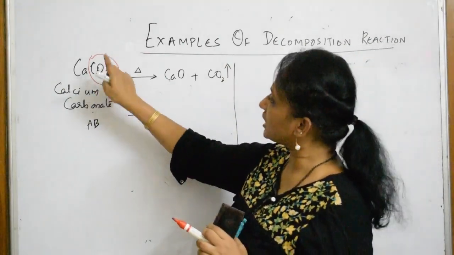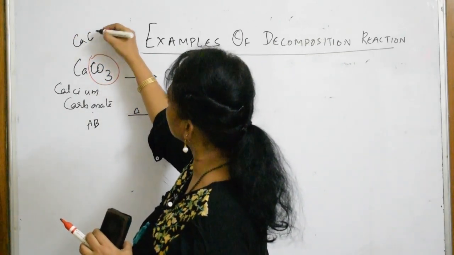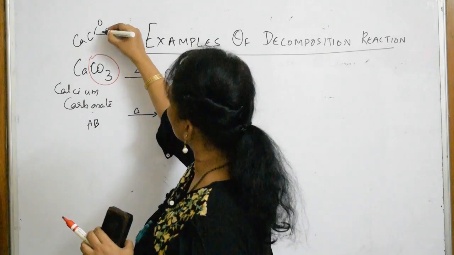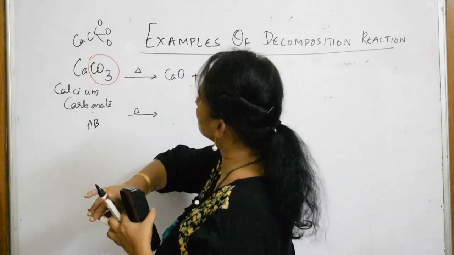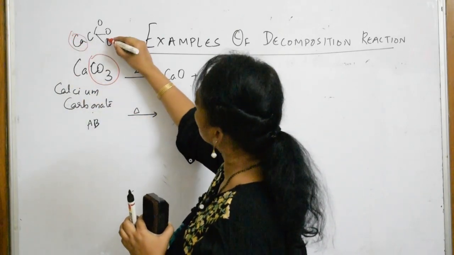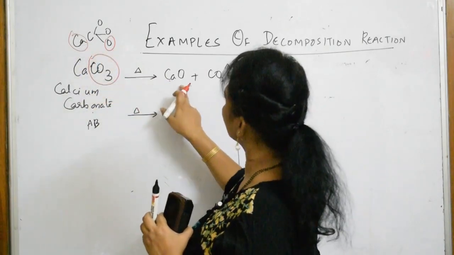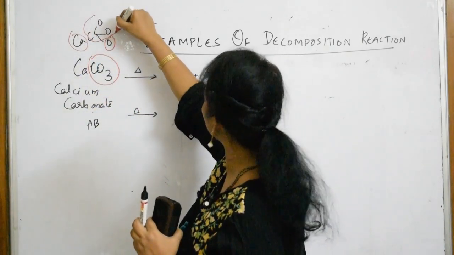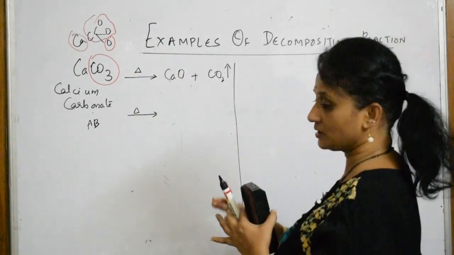Calcium carbonate, how did we divide? It is CaCO3, with 3 oxygens. The first part comes out as calcium oxide, calcium positive charge, oxygen negative charge, so plus 2 minus 2. The leftover comes out as carbon dioxide, CO2. Done, isn't it?